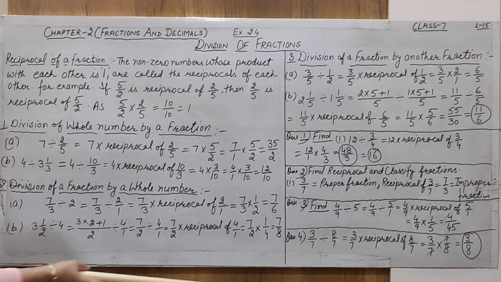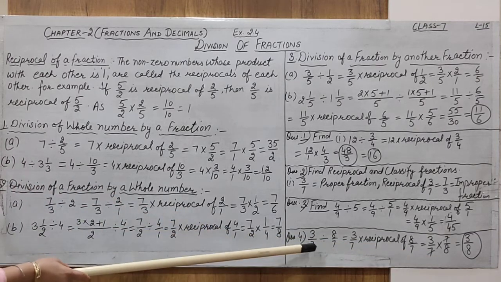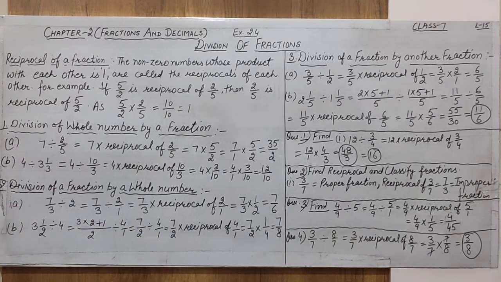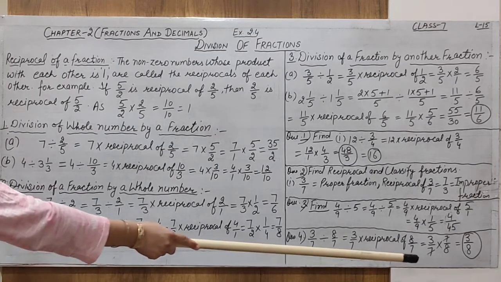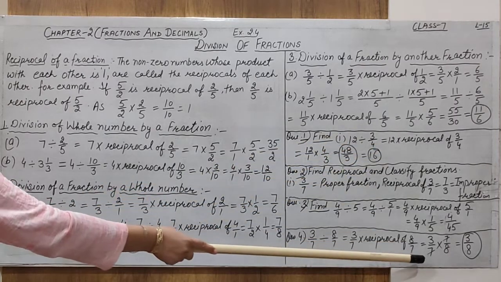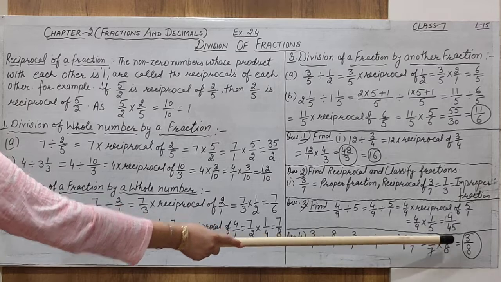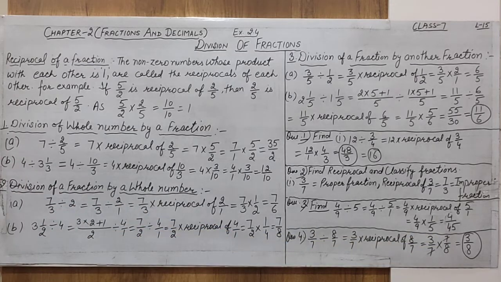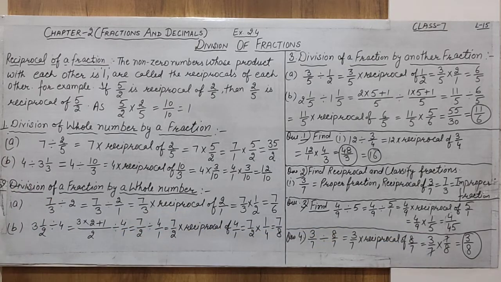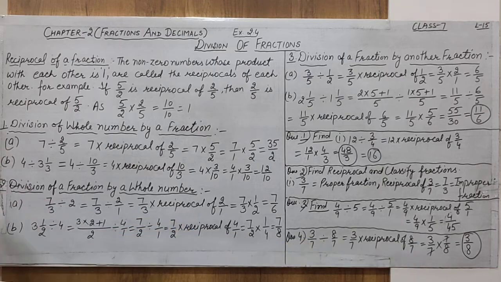The reciprocal of 8 by 7 is 7 by 8. We get the result 3 by 8. I told you in this question we can cancel out if the numerator and denominator are similar, or we can first multiply and then find the simplest form of the fractional number. So the result is 3 by 8.